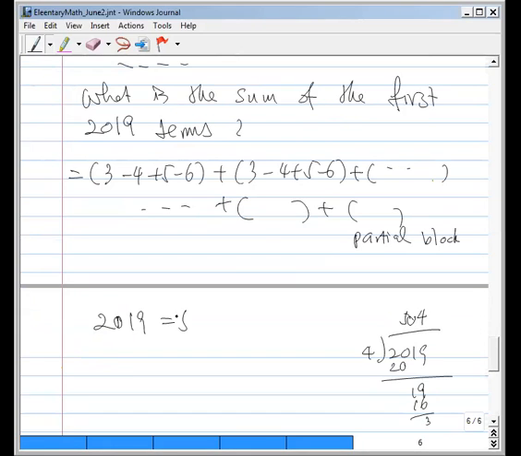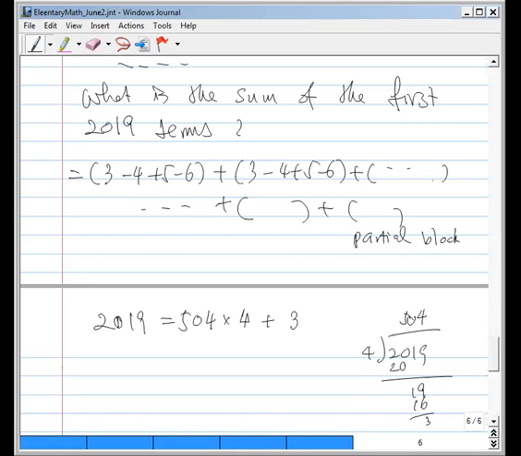So it's going to be 504 times 4, plus 3. There are 504 blocks of 4 numbers, and then the partial block has 3 numbers. That's it.